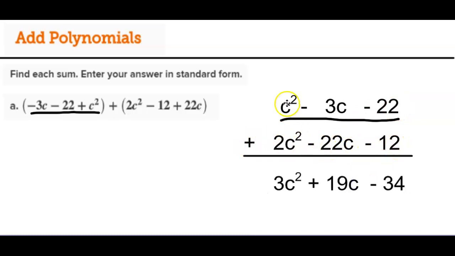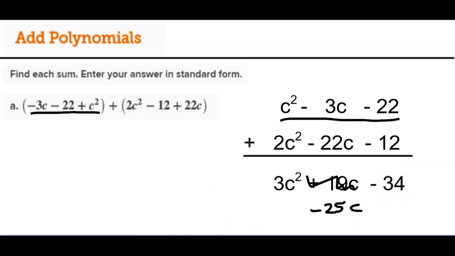And if we were to add those together, we have c squared plus 2c squared. That would be 3c squared. Negative 3c plus negative 22c, that would give us, oh, sorry, my goodness, that'll give us a negative 25c. And negative 22 plus a negative 12, that would give us a negative 34.